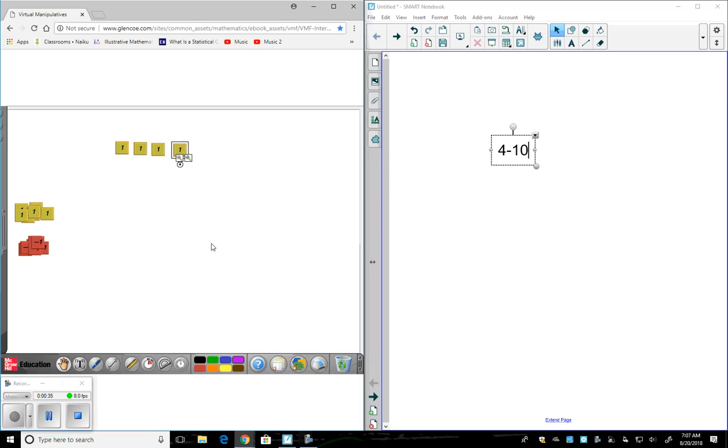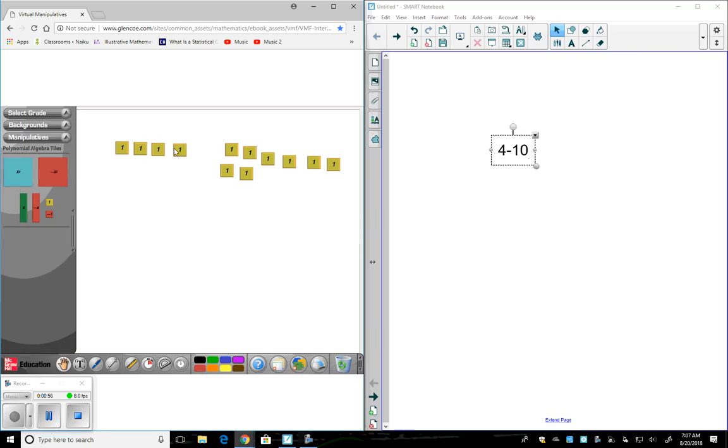Now yesterday we only talked about adding with algebra tiles, or algebra counters. For now, everything is going to have a positive count.